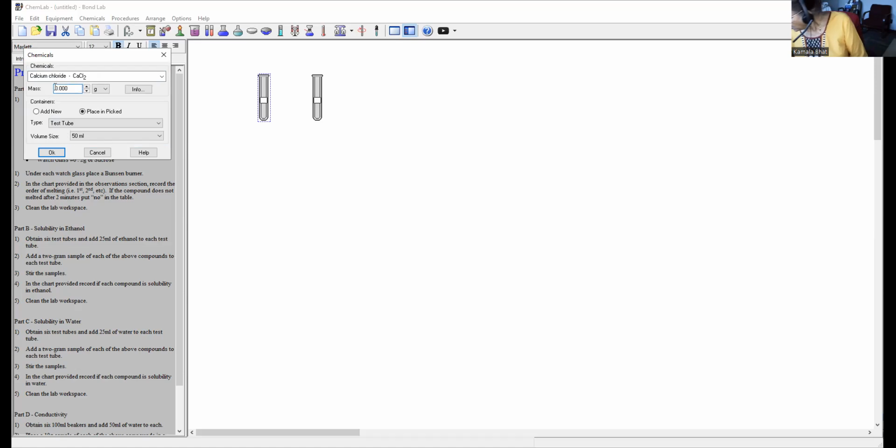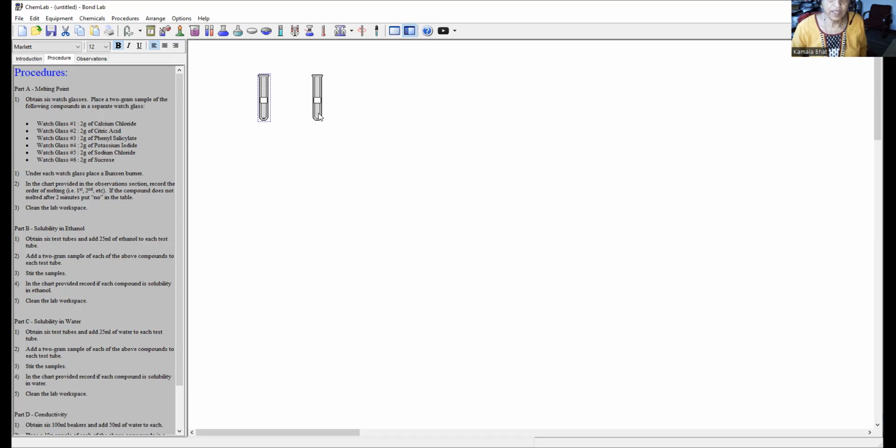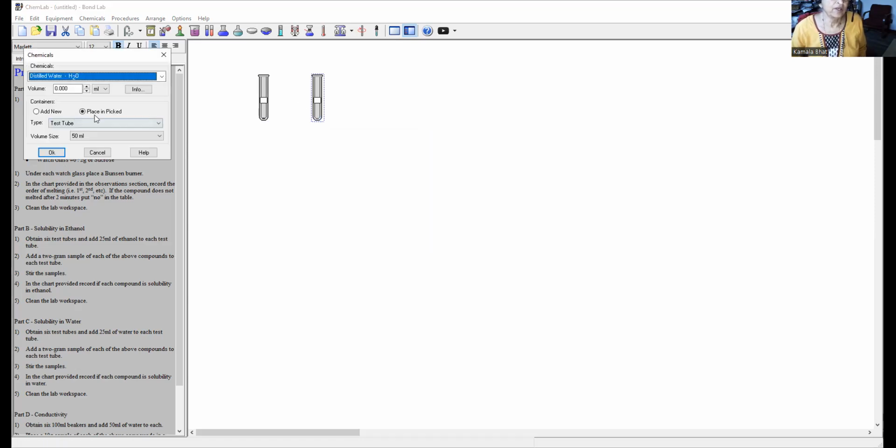For every experiment, you are going to get 2 test tubes, and in both of them, you're going to add 2 grams of the compound.